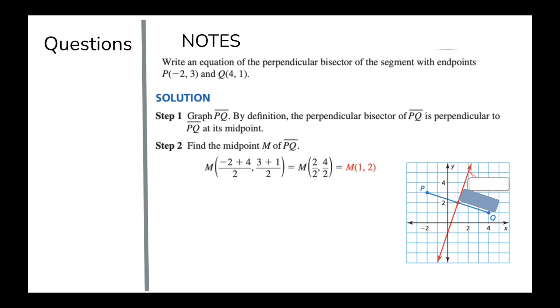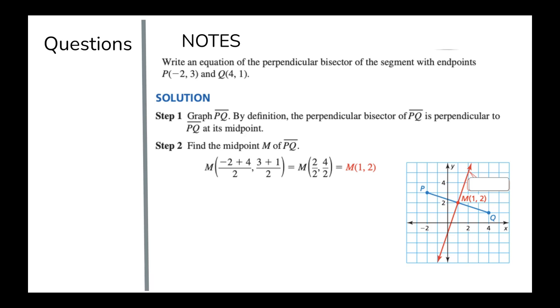So the midpoint in this situation is found at (1, 2). So that's where the midpoint of segment PQ is. Now that you know where the midpoint is, this will help you to write the equation of the line that is perpendicular to the segment PQ.